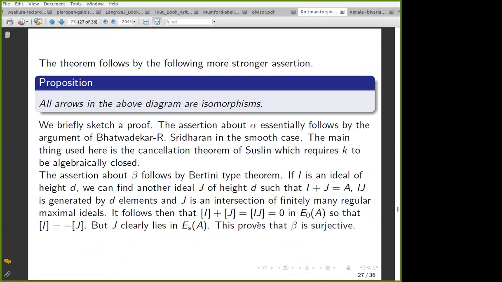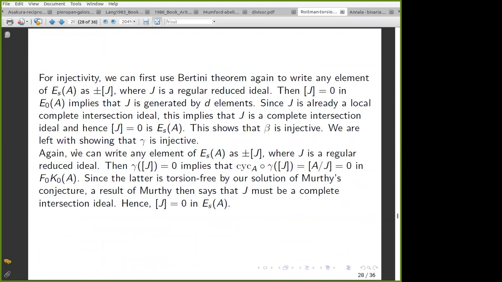Basically the point is that it uses theorem A, that this group F0 K0 of A is torsion free. You take a class in ES of A. Suppose a class dies in the Chow group, then it dies in K0.